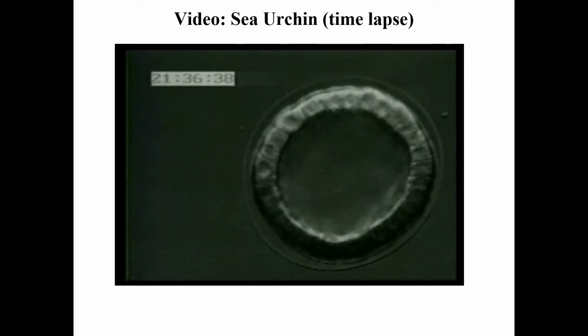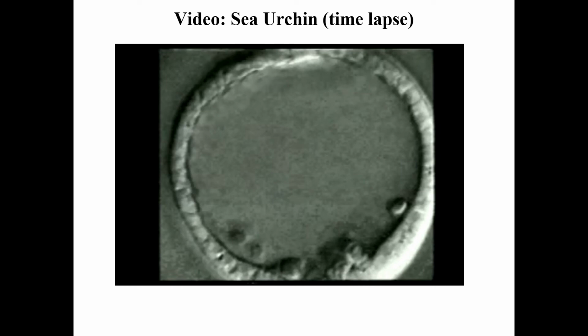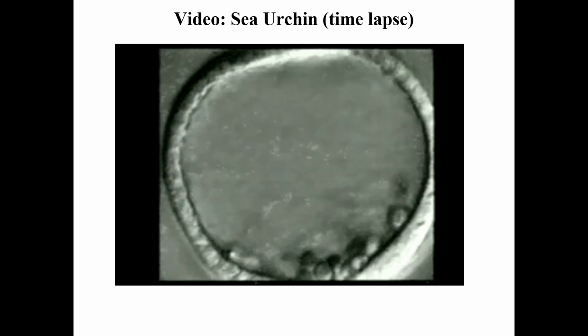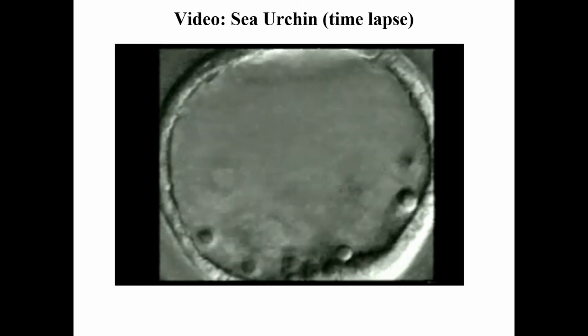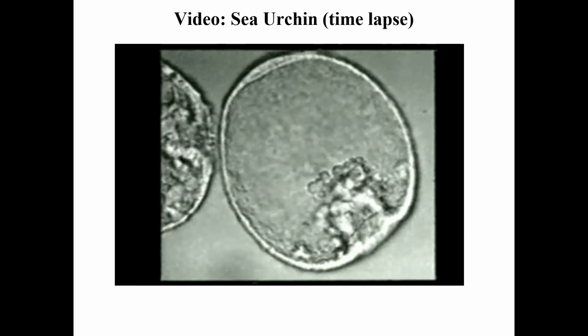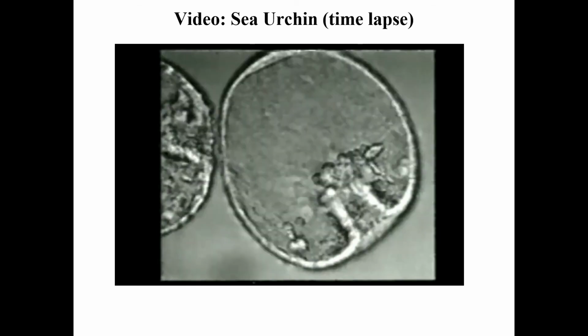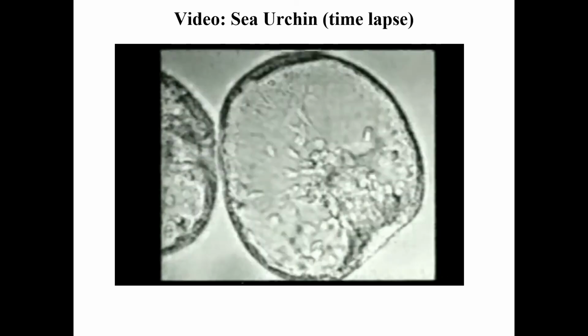Now you have the formation of the little blastula. Now you have a process of differentiation, with different layers of tissues and cells forming, different layers of the sea urchin.